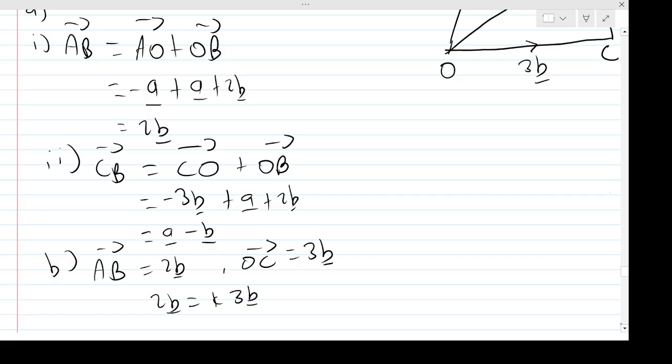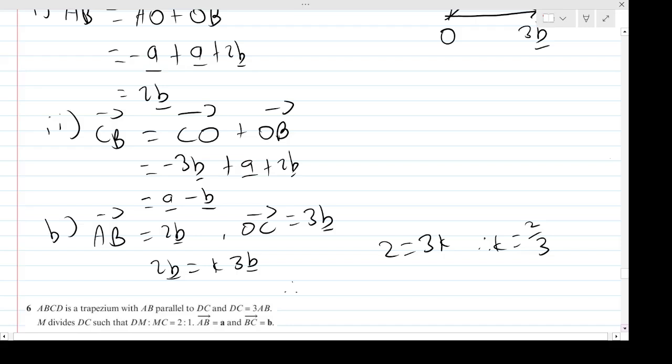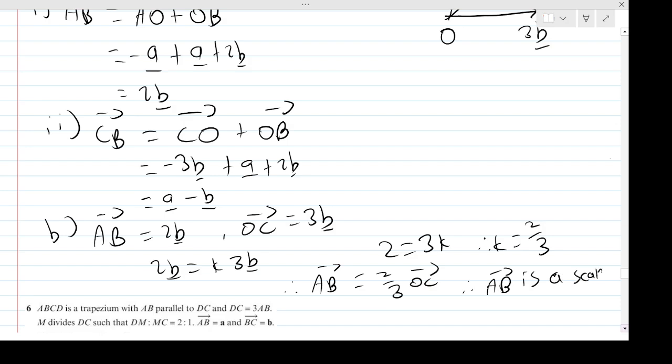Well, to work out this K, I can then say that 2 is going to be 3K, and therefore, K is 2/3. So more specifically, I can say that therefore, AB is going to be 2/3 of OC. Cool, and therefore I can say AB is a scalar multiple of OC, so they're parallel.